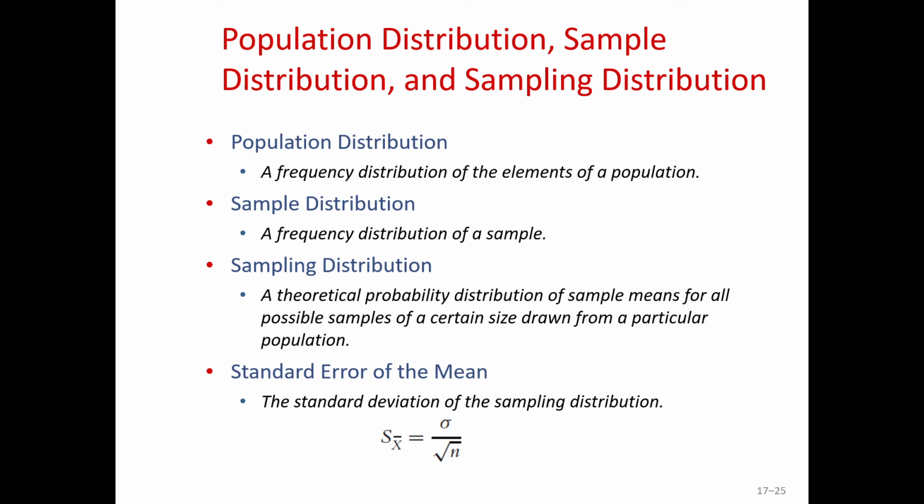So the mean of the sampling distribution is called the expected value of the statistic. The expected value of the mean of the sampling distribution is equal to mu, and the standard deviation of the sampling distribution of x bar is called the standard error of the mean, and is approximately equal to, here we see the formula at the bottom, sigma divided by the square root of n.